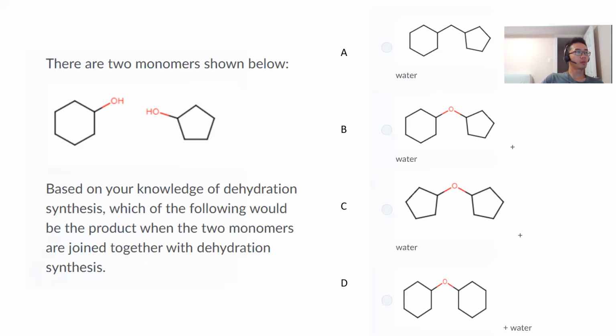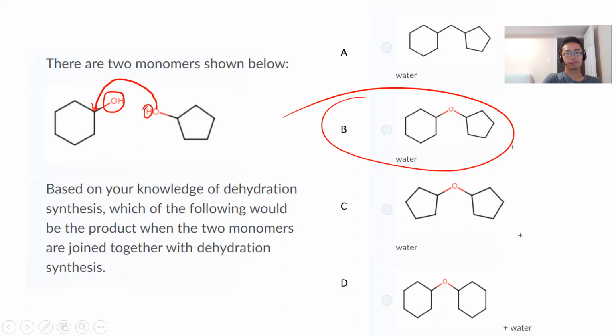Waiting for 4 more responses. Most of you got it right. So you basically take the OH from one of them, take the H from the other, and then you are free to connect them together. The answer here is B. Very good.